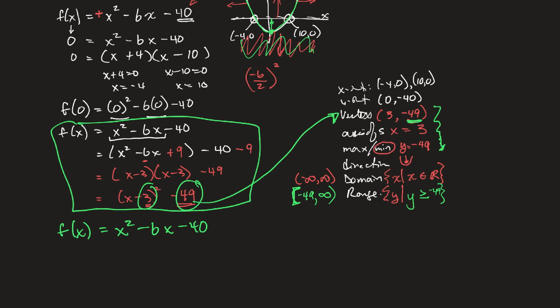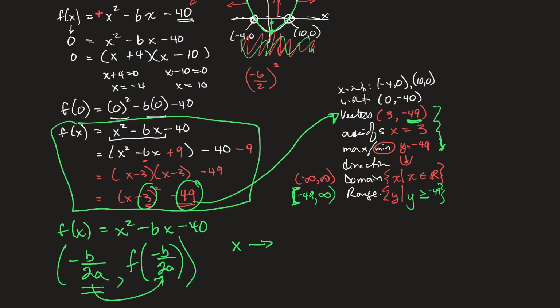Or I can use a formula, and the formula is this. So to get the x coordinate of your vertex, just go minus b over 2a. And then to get the y coordinate of your vertex, find the value of the function when you plug that number in, wherever you see an x. Okay, so let me show you how to do that.